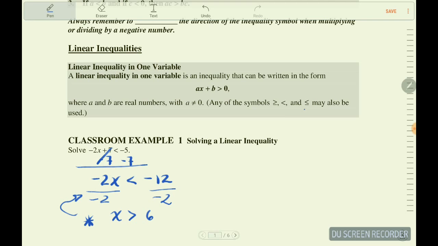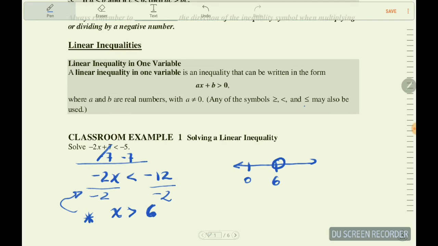We also usually will be writing our answers in interval notation. So I recommend making a number line. Here's my 0. Let's make this the 6. This says that x must be strictly greater than 6, which means we would start at 6 with an open circle, because we're not going to include 6 since it didn't say that x could be equal, but strictly greater.